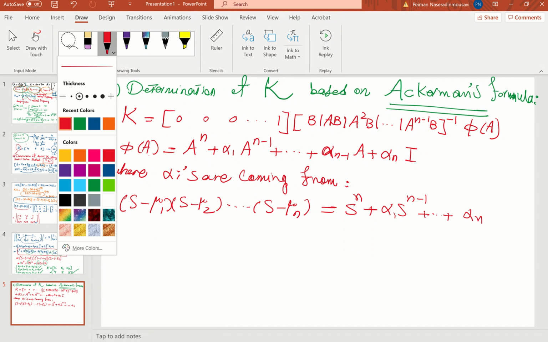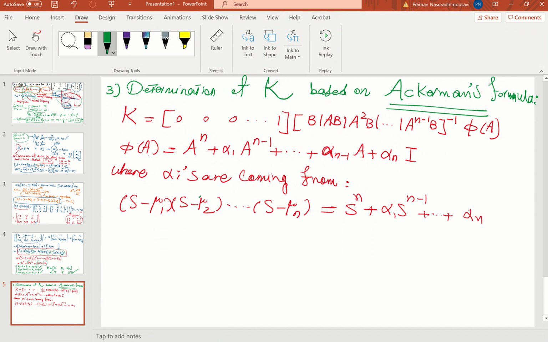So just replace them here. Simply this goes here and this goes here and the middle goes here. So this is the Ackermann formula.